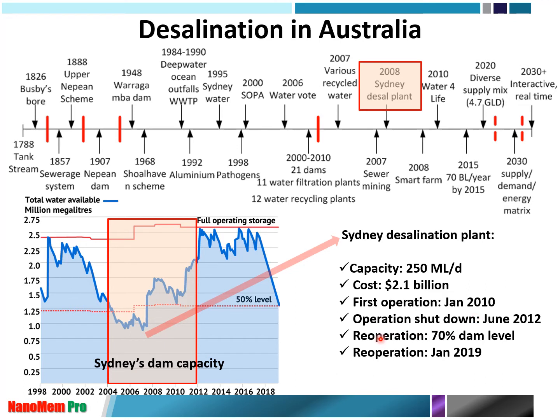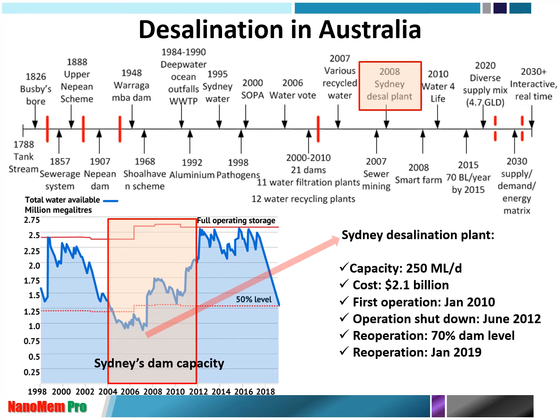And the operation plan we made is to operate at a 70% dam level. We started to reoperate in 2019. So we had another severe drought, and we operated partially, and nowadays we have completely shut down because of the enough dam storage. So that's the reason.